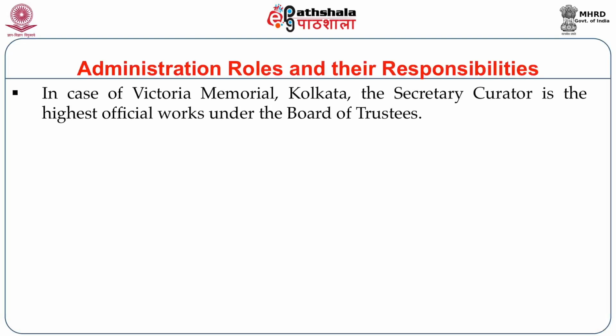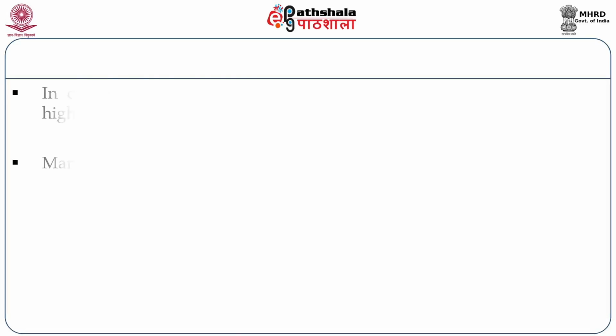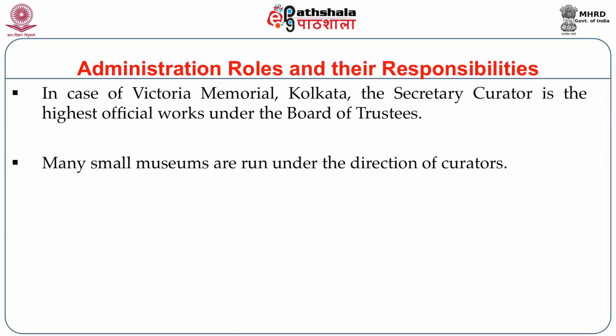In the case of Victoria Memorial, Kolkata, the secretary curator is the highest official under the Board of Trustees. Under him, there are so many positions, like the administrative officer, education officer, documentation officer. So he is the overall in charge of that museum. Like that, in many small museums, only the curator is the administrative head.